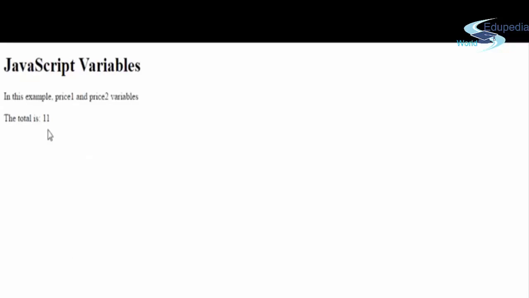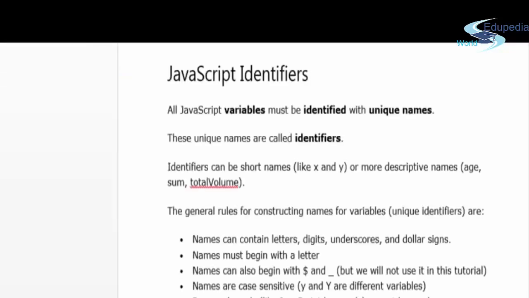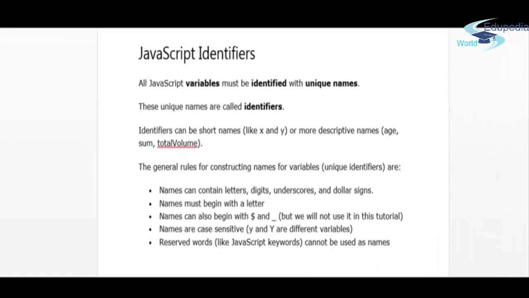All right. Okay, there's something else apart from the JavaScript variables that I was trying to explain. I want to explain the identifiers in the variables. All JavaScript variables must be identified with unique names. These unique names are called identifiers.